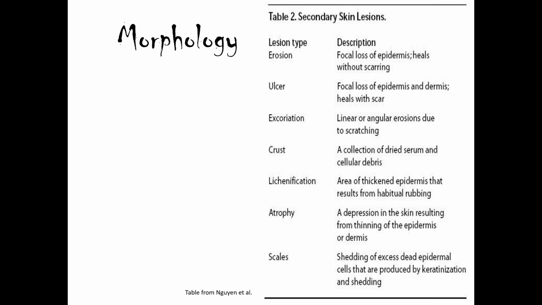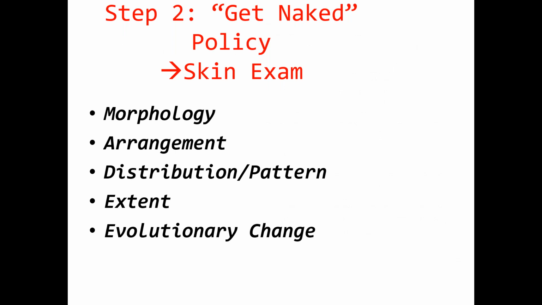You all should know all these things so that you can easily differentiate the different diseases which cause emergencies in dermatology. Step 2 is to undress the patient. In broad daylight, proper light, you should undress the patient and see the morphology of the lesions, whether it is papules, macules, or bulli.